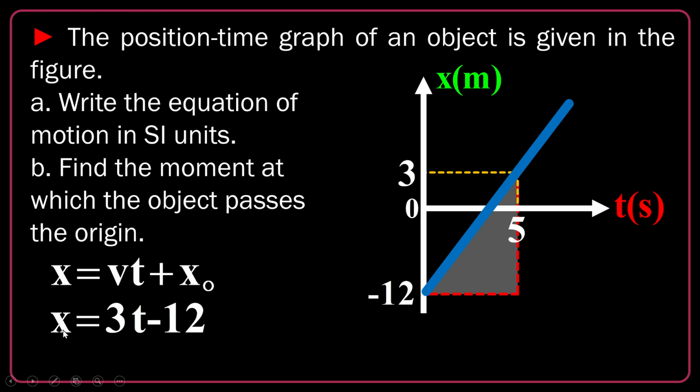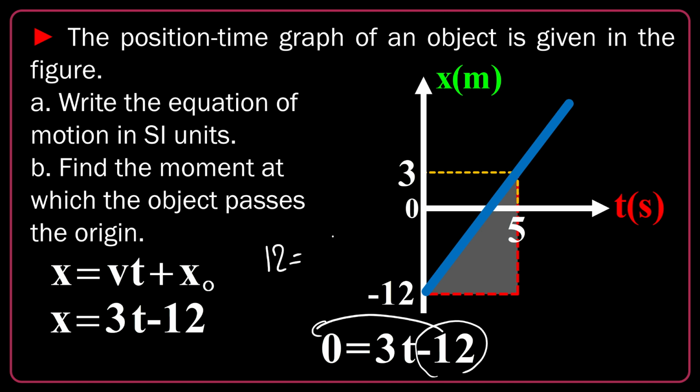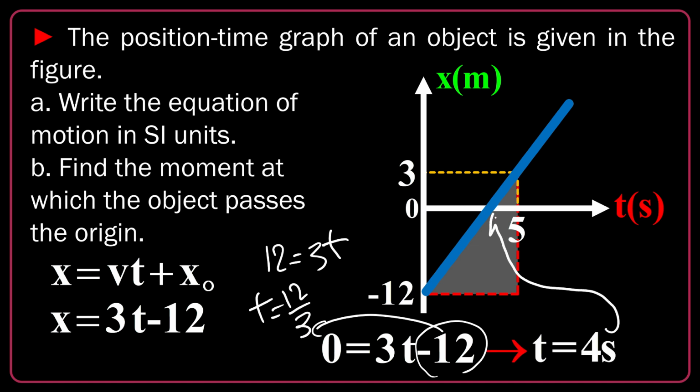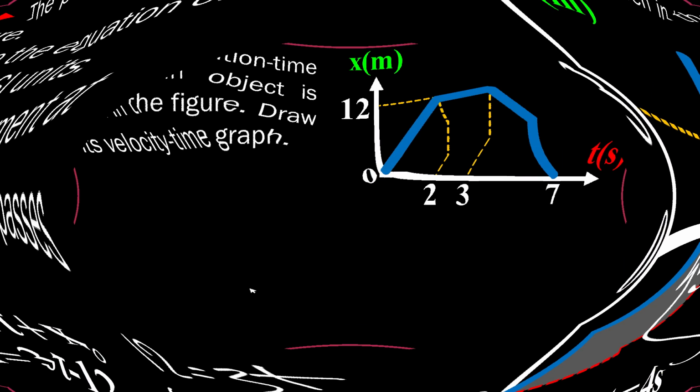I should just put x equals 0. So I plug in the x to be 0, and then I solve the equation for t. If I take the negative 12 to the left side, it will be 12 equals 3t. So t is equal to 12 over 3, which is going to be 4 seconds. So at t equals 4, the object will pass through the origin.